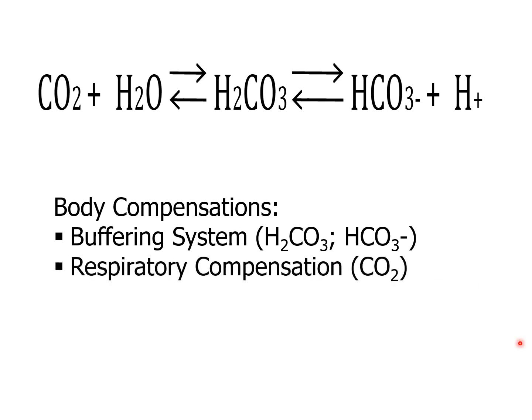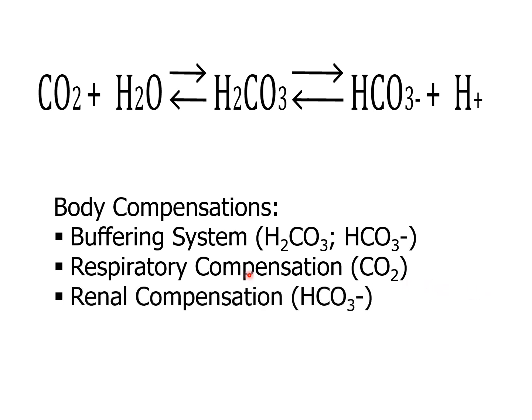Another compensatory mechanism to regulate body pH is the respiratory compensation. The lungs will work by regulating the carbon dioxide in the body. For example, when there is an increase in the concentration of carbon dioxide in the body, the lungs will tend to compensate by increasing breathing in order to excrete or exhale carbon dioxide.